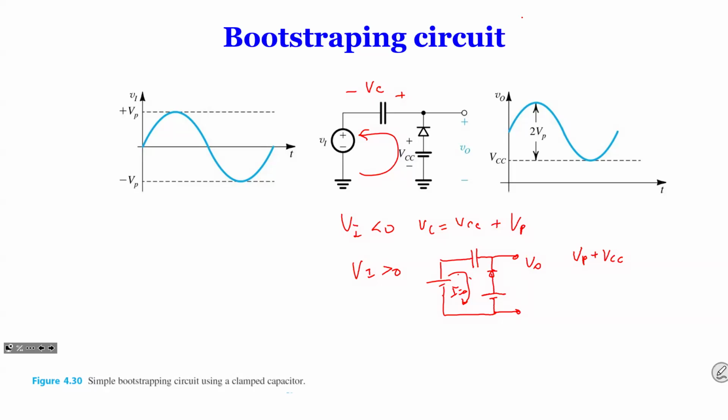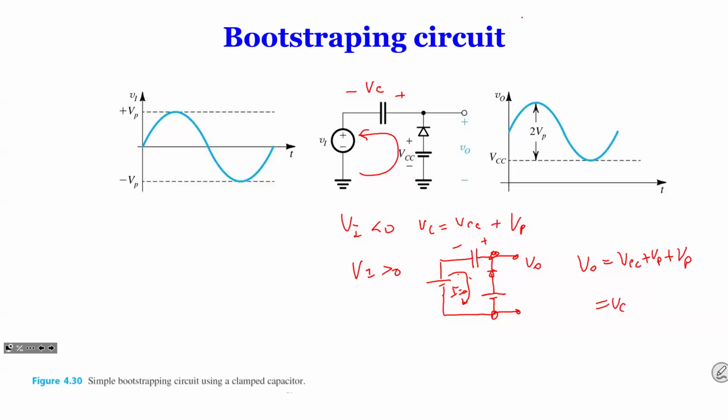And this one is VP. Actually, the voltage will be from here to here. So VO is going to be VCC plus VP, then plus VP.